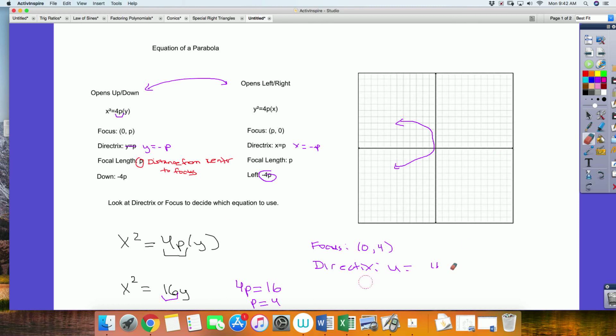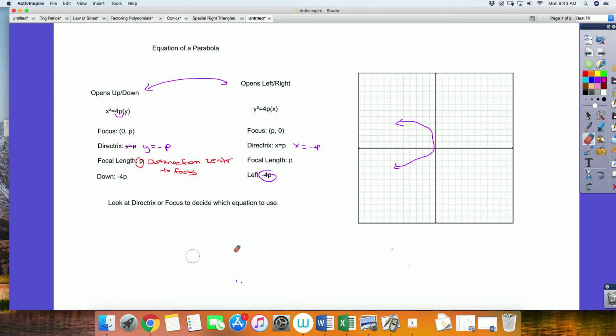So let me erase my stuff down here. And let's say I have an equation, y squared equals negative 32x. So here I notice that it's a negative, and I see that it's y squared, so y squared means left or right.